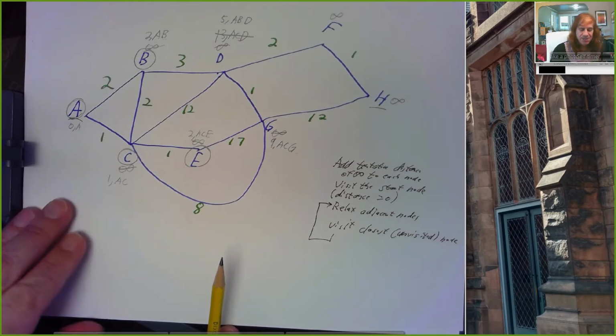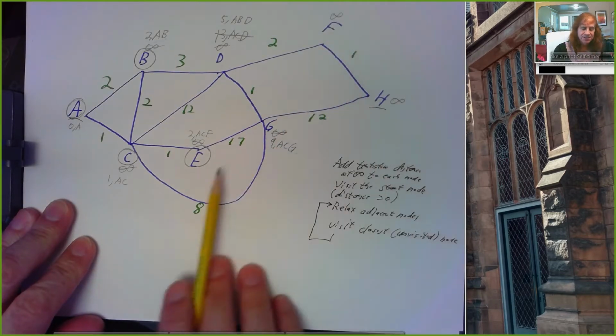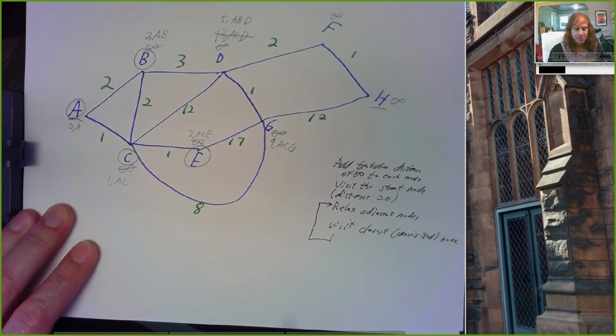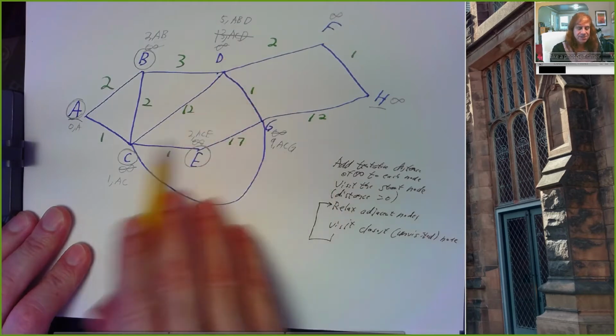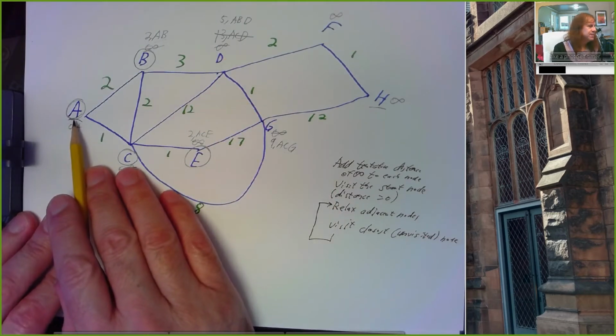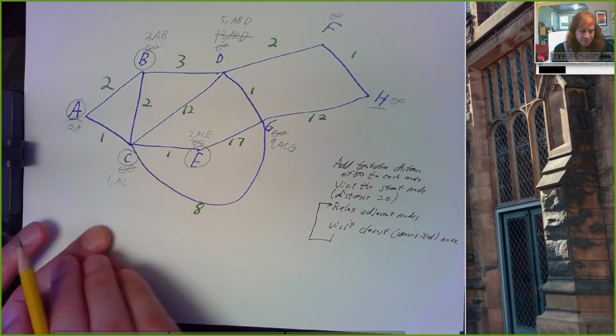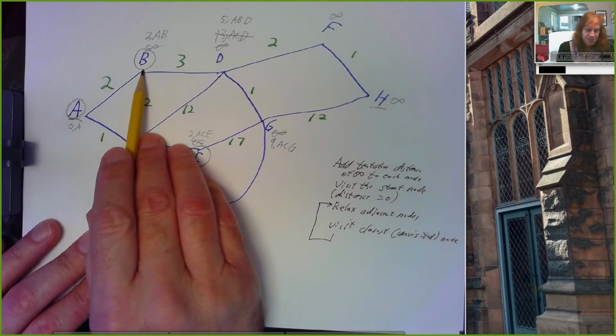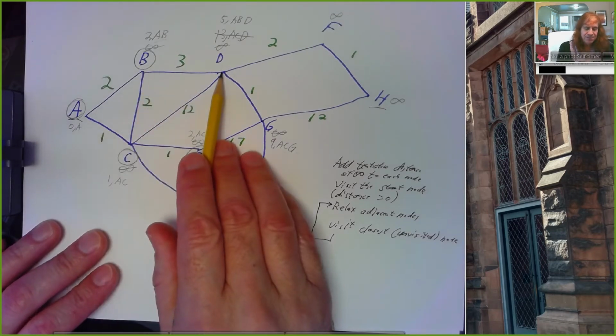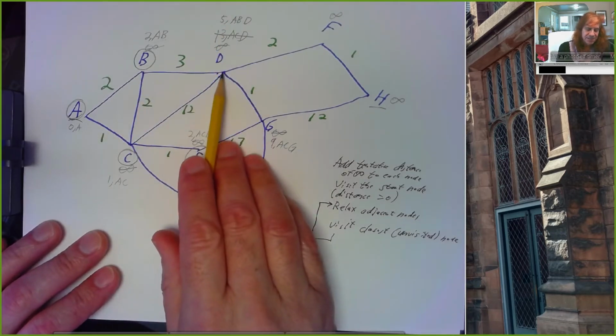So closest meaning the smallest tentative distance from the beginning. So we're only looking at these numbers here that we have for each node's distance. This is the distance from our original node A. So it's closest from the start. Alright, so we're relaxing nodes adjacent to B. So we found this node could get a smaller distance, so we relax that.